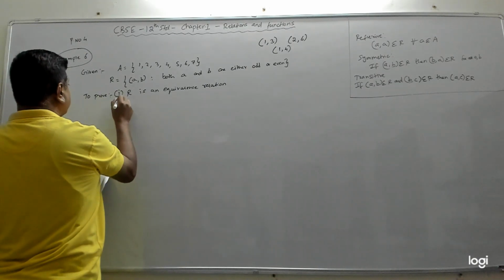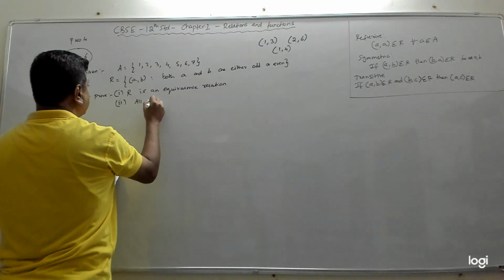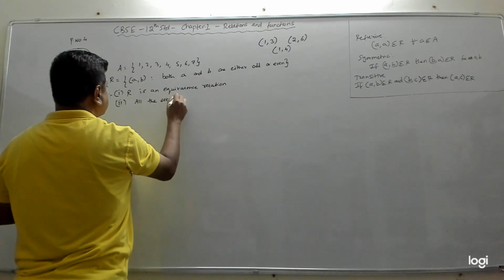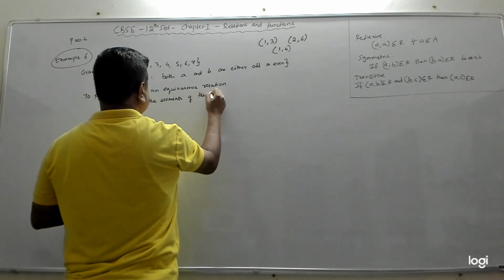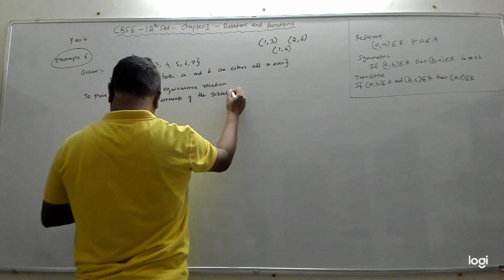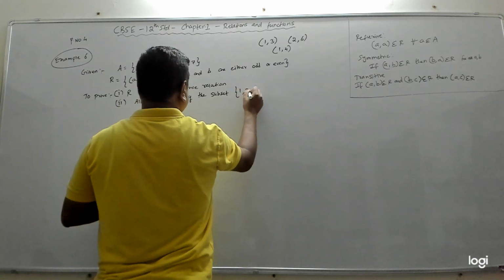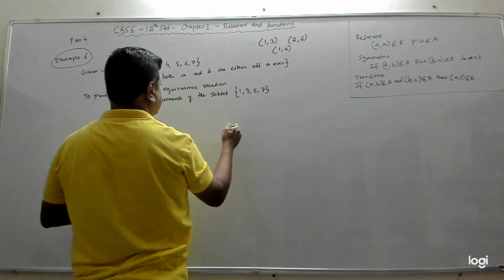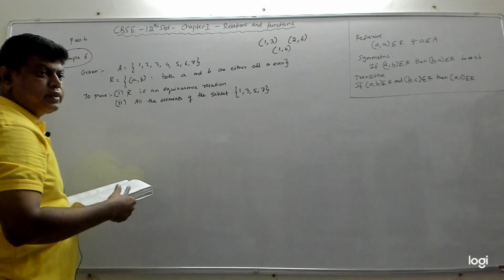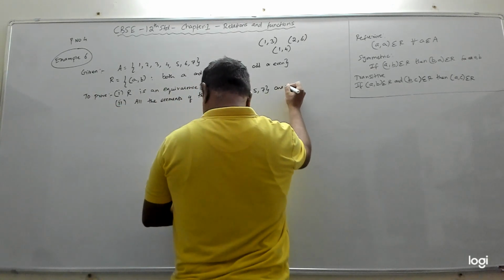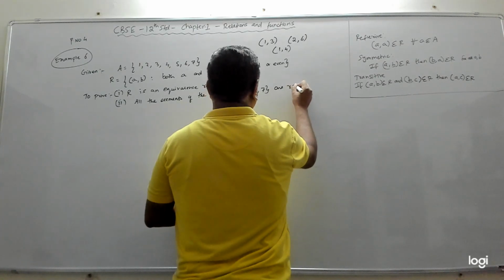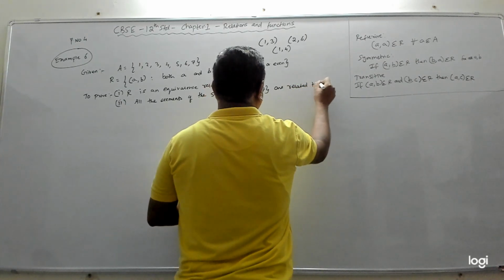So we should prove that all the elements of the subset 1, 3, 5, 7, which is a subset of this set A, are related to each other.